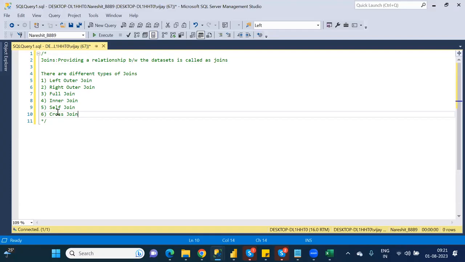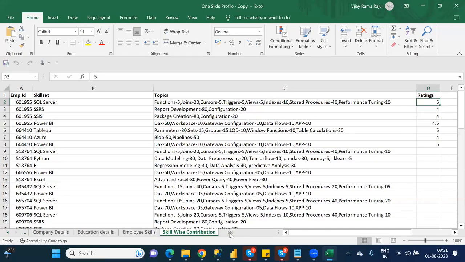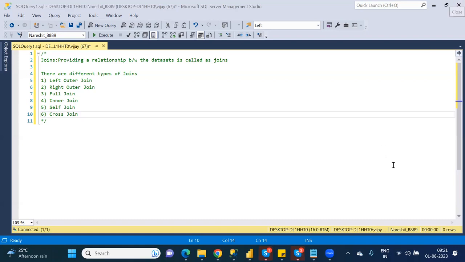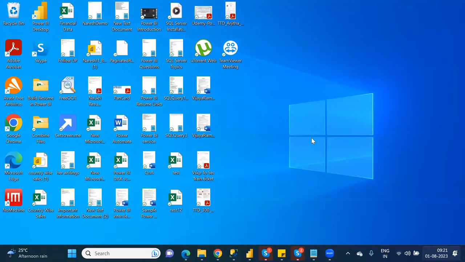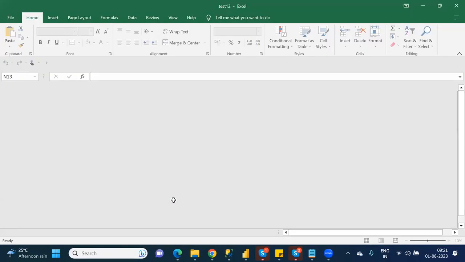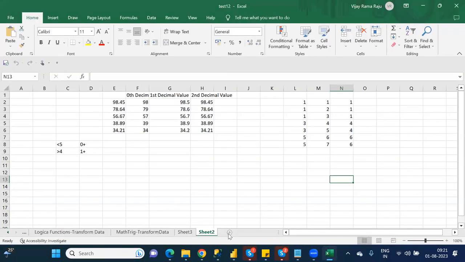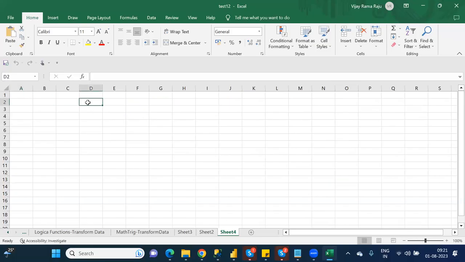Understand? Each join has a different behavior. Suppose, for example, I will explain it in Excel itself, and then you will understand how it works.